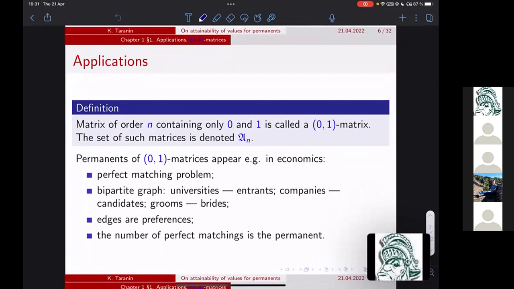So the application in economics is related to the area of economics called matching theory. As far as I know, it is a part of a larger area in economics called mechanism design.